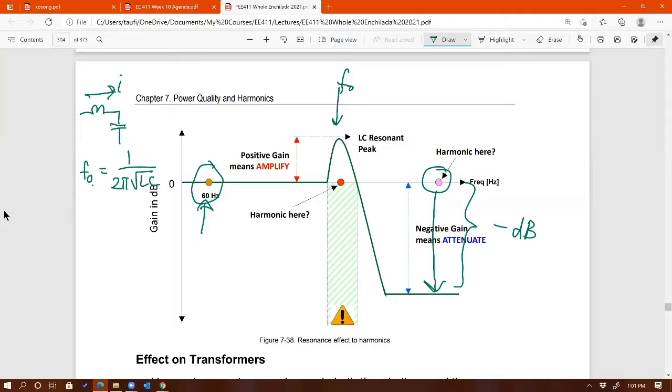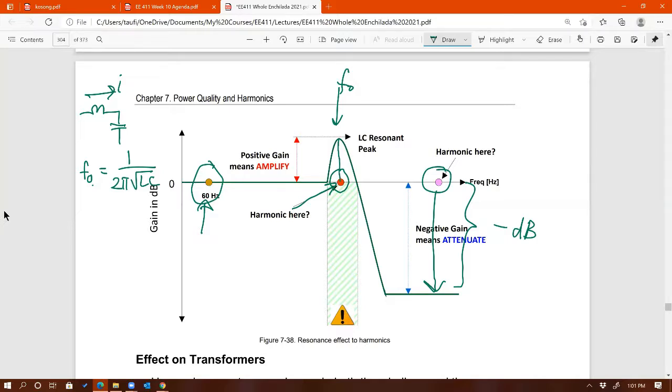But what if the harmonic happens to coincide with the resonant frequency? What if the harmonic is right there? What do you think is going to happen? Well, that's a peaking effect right there. So if the harmonic happens to be right here, that's not good. Why not? Because the noise from the harmonic gets amplified by that gain.